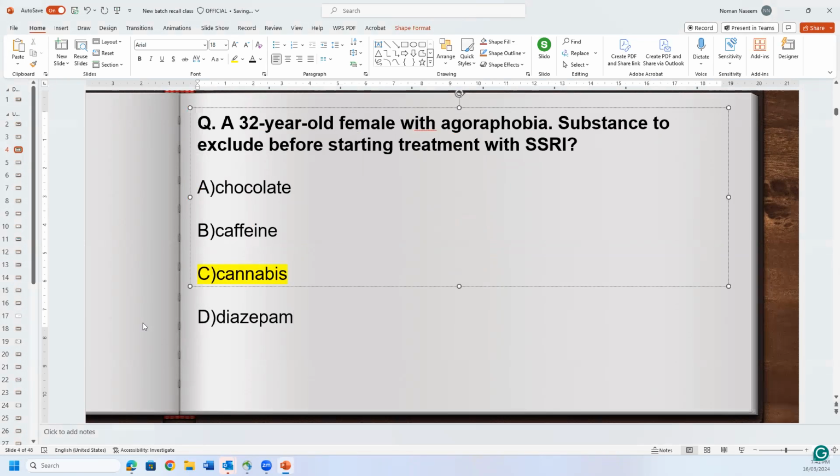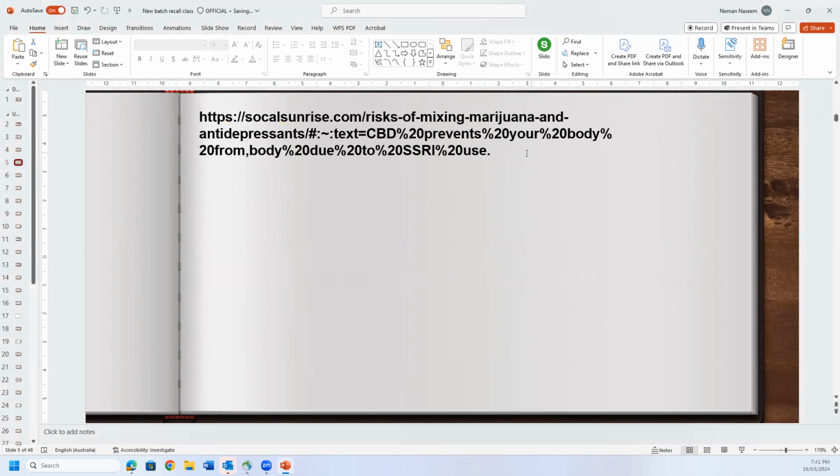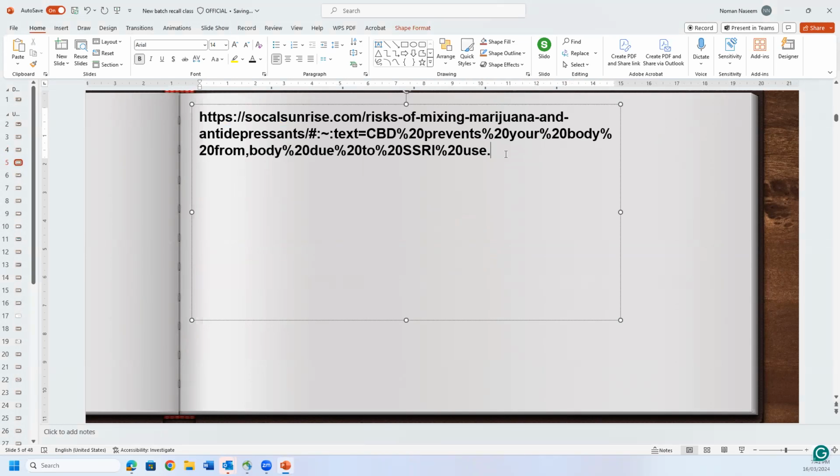So cannabis, and methamphetamine, ice in other words, or some common medications should not be mixed with SSRIs, because they can cause serotonin syndrome.